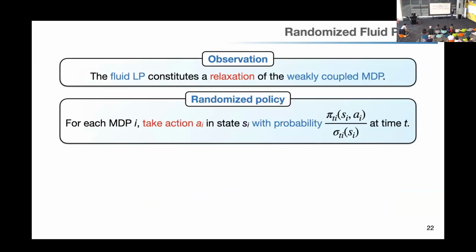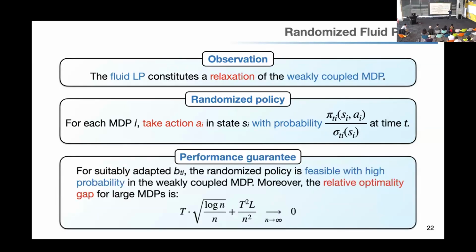But this linear program also allows us to recover a randomized policy for the original MDP. That randomized policy is fairly standard. What we do is we interpret the continuous decision variables in our linear program as the probability with which we take certain actions in the real MDP. And one can show that if we do that, this randomized policy actually enjoys a quite strong performance guarantee.